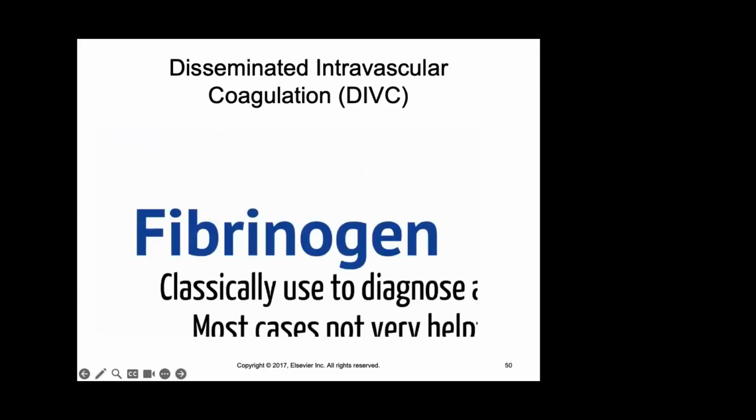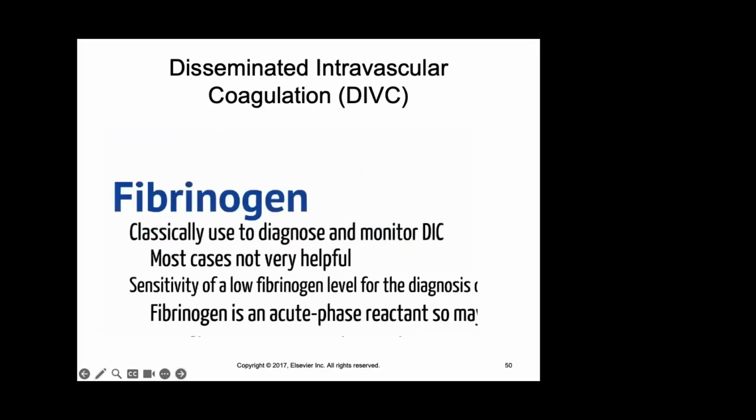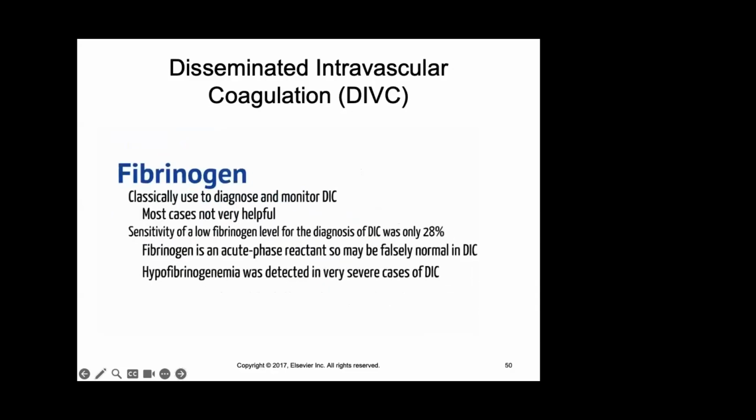Another lab we commonly get is fibrinogen. Fibrinogen is classically used to diagnose and monitor DIC. However, you must realize fibrinogen in most cases may not be very helpful. And the reason why is fibrinogen has a very low sensitivity for the diagnosis of DIC at about 28%. Why is it so insensitive?